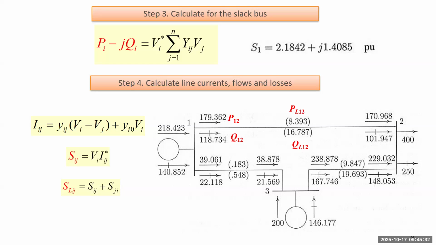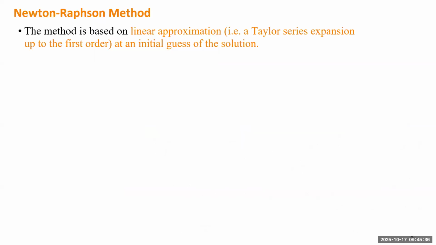Next, we can move to another method, which is the Newton-Raphson method. So let's talk about this method. Compared to the Gauss-Seidel method, the Newton-Raphson method is based on a linear approximation.